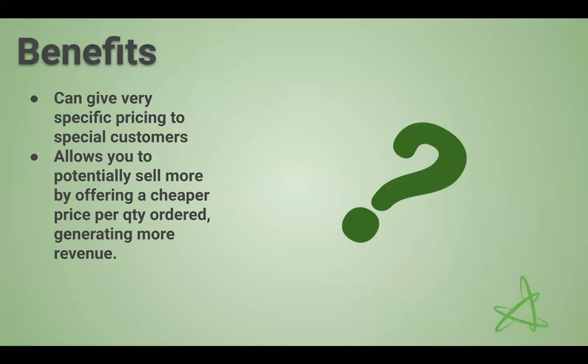So if you buy 0 to 5 of an item, the wholesale price can be 8 and the retail price can be 10, for example. And again, it allows you to potentially sell more by offering a cheaper price, generating more revenue, which is the goal of everything in our business, right? To generate as much revenue for ourselves as possible.